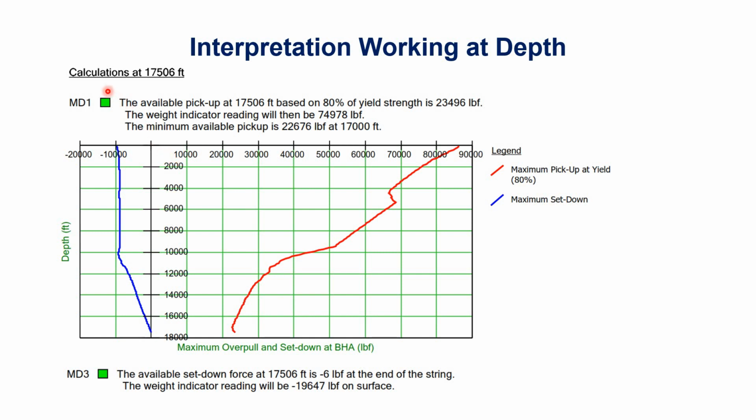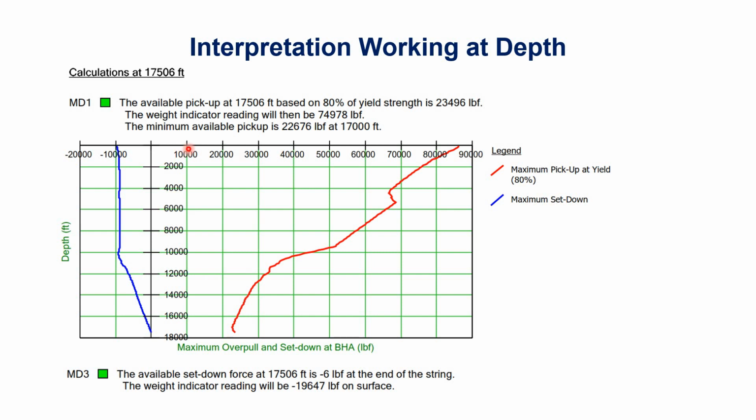It is written that calculations at 17,506 foot, that is, this graph has been generated when our coil tubing string is at 17,506 feet. It is written that the available pickup at 17,506 foot based on 80% of yield strength is 23,496 pound force, that is, when we are at the bottom.